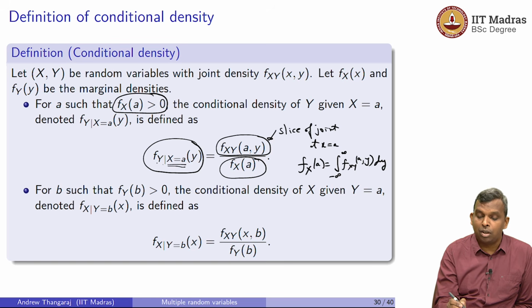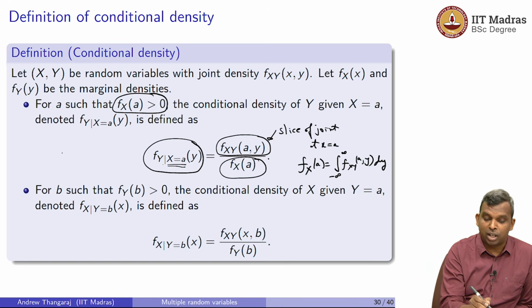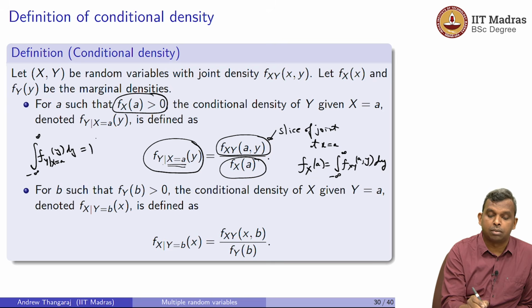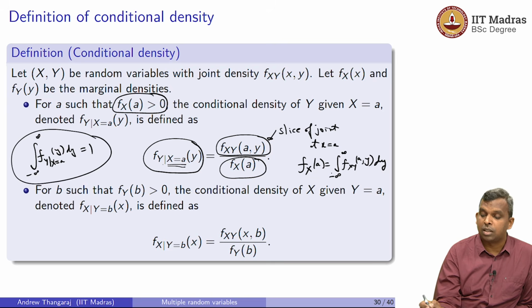So if you do the integral of f of y given x equal to A from minus infinity to infinity, you will simply get 1. You notice how this has to happen, because the denominator is simply the integral of the numerator from minus infinity to infinity. I am normalizing by that. If I integrate again, these two cancel and you get 1. So it's a very simple trick to get a density, and that density is called a conditional density.